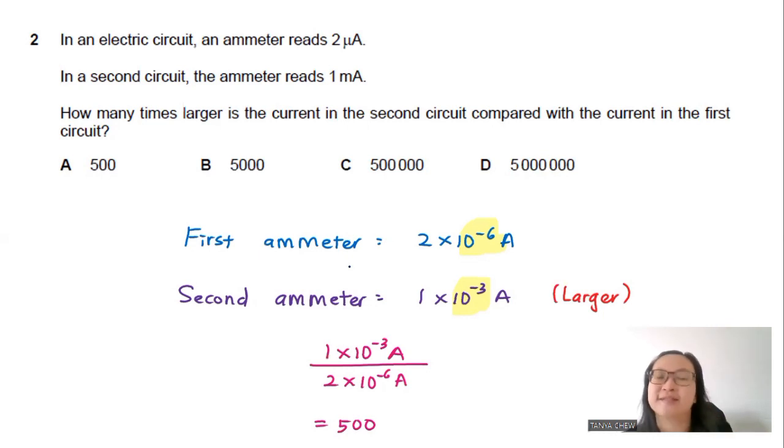Whereas the second ammeter reads 1 milliampere. Milli represents 10 to the power of -3. If you want to compare how many times larger, you take the larger value divided by the smaller value. So the larger value is 1 times 10 to the power -3 ampere divided by the smaller value, which is 2 times 10 to the power -6 ampere. So you get 500 times larger.